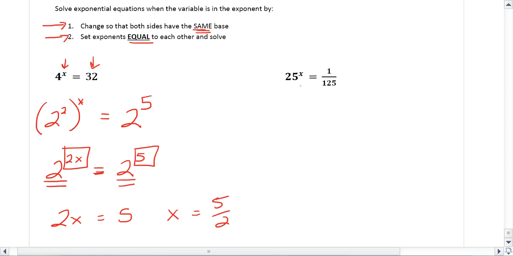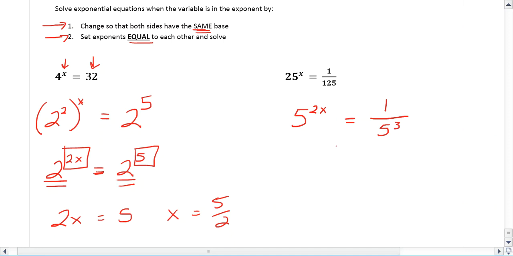All right, in this last example, quite obviously the base would have to be a 5, so 25 can be written as 5 squared, and then it's 5 squared to the x power, so it's 5 to the 2x. And 125 is 5 to the 3rd power, so I'll put that down here in the denominator.